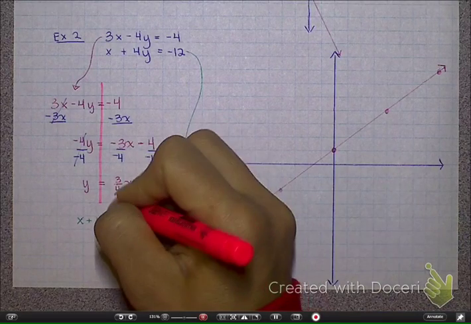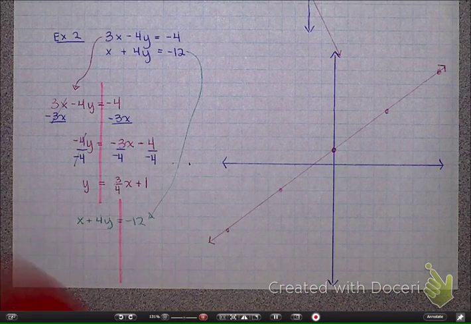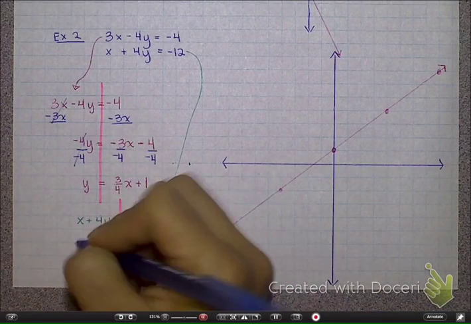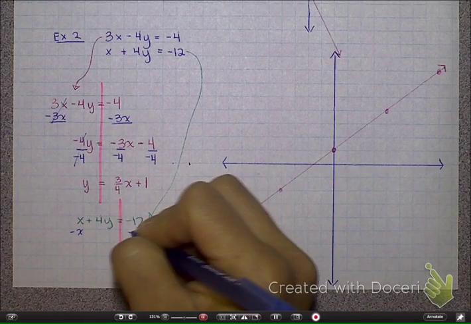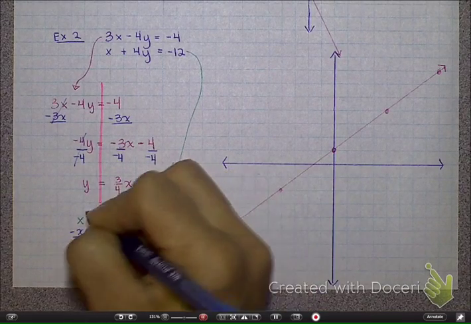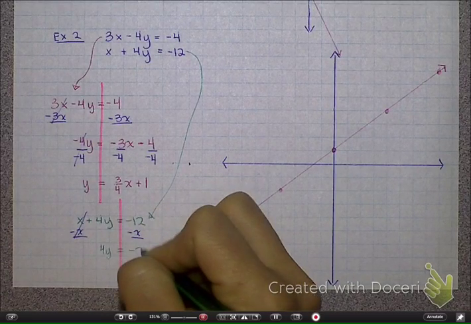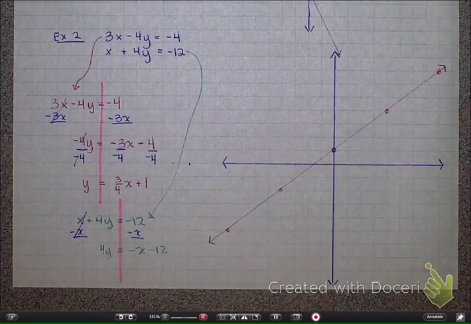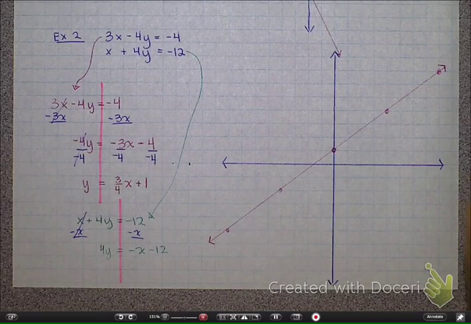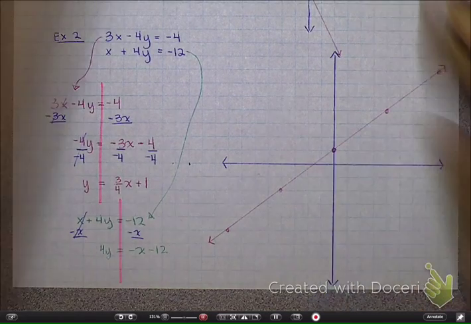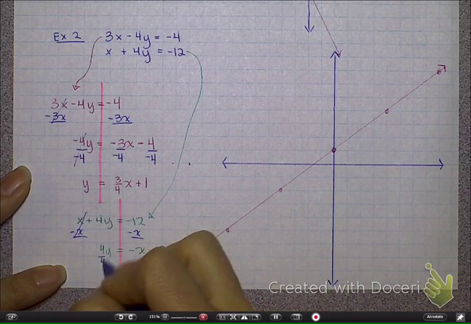Okay, so I'm going to solve this for y really quickly. So I'm going to subtract x from both sides. So I get 4y equals -x minus 12. And then what do I need to do to solve for y? Yeah, divide by 4 to all the parts, right?